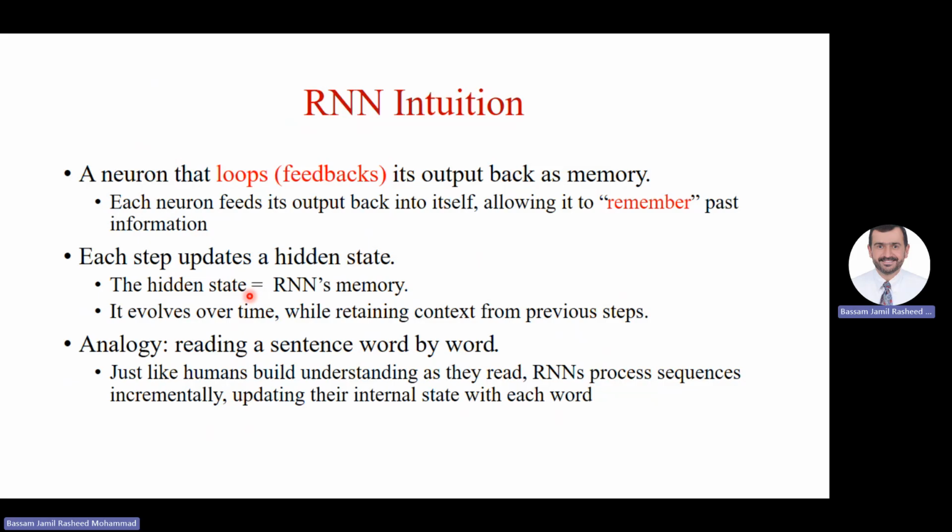If you care about a sequence of 2 things, it is different than a sequence of 10 things, and things mean here the data. That hidden state evolves over time while retaining the context of the previous steps, which means every time you update your state and at the same time you capture previous knowledge.